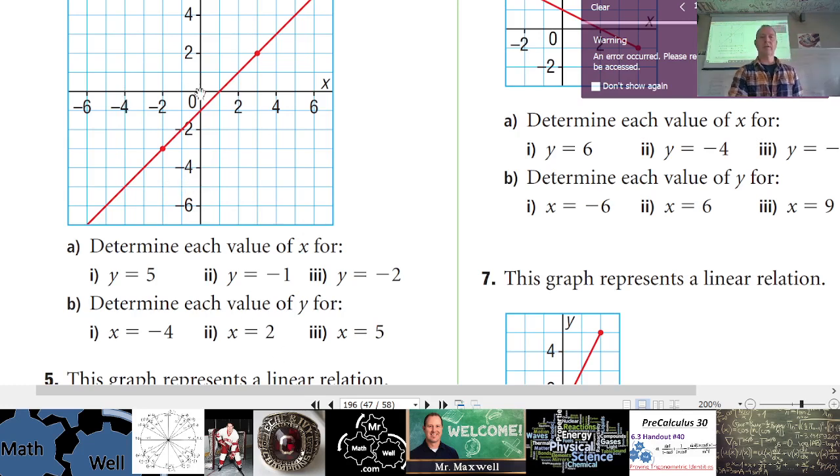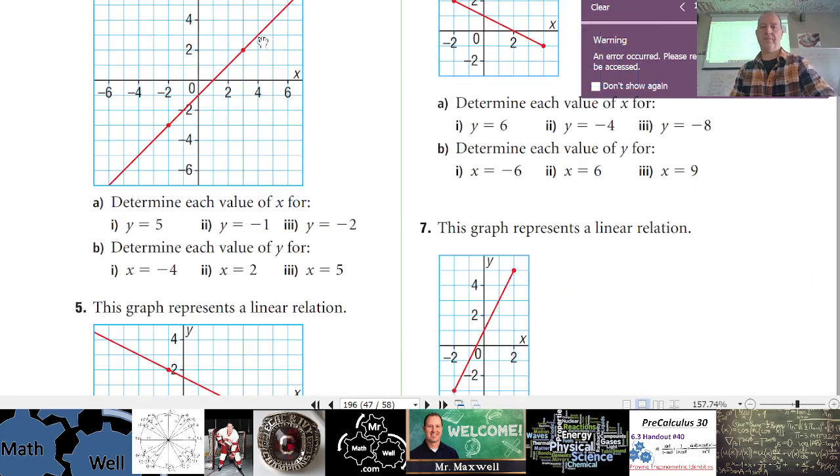When x is positive 2, y is 1. I go up to 1 there. And when x is positive 5, I go up where I hit the graph right here, and that's a y value of 4. Easy peasy, right?